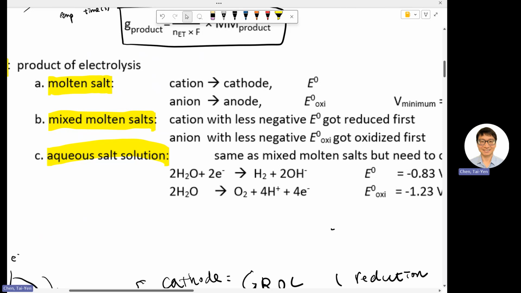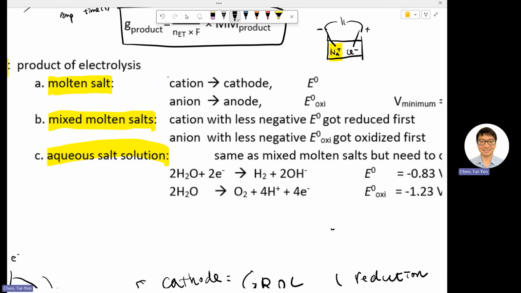If you have the simplest case where you only have a molten salt inside your solution, for example only molten Na plus and Cl minus, and this is your cathode and this is your anode. On your cathode, the Na plus will be reduced.